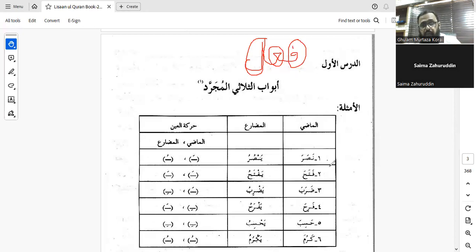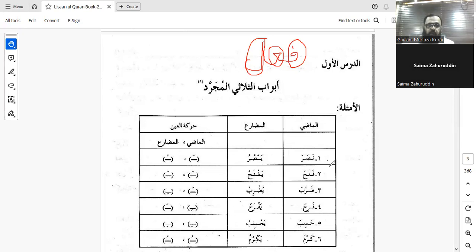Likewise hasiba: ha is at the place of kalimatul fa, sin at kalimatul ain, and ba at kalimatul lam. And karuma: kaf is at the place of kalimatul fa, ra at kalimatul ain, and mim at kalimatul lam. Is that clear, sister? I'm repeating all these things for the sake of repetition and for those people who will watch our videos, right?